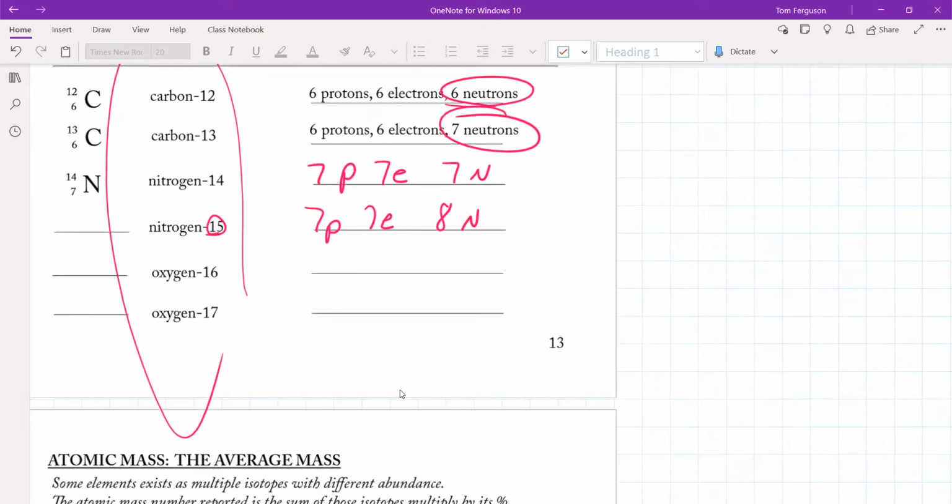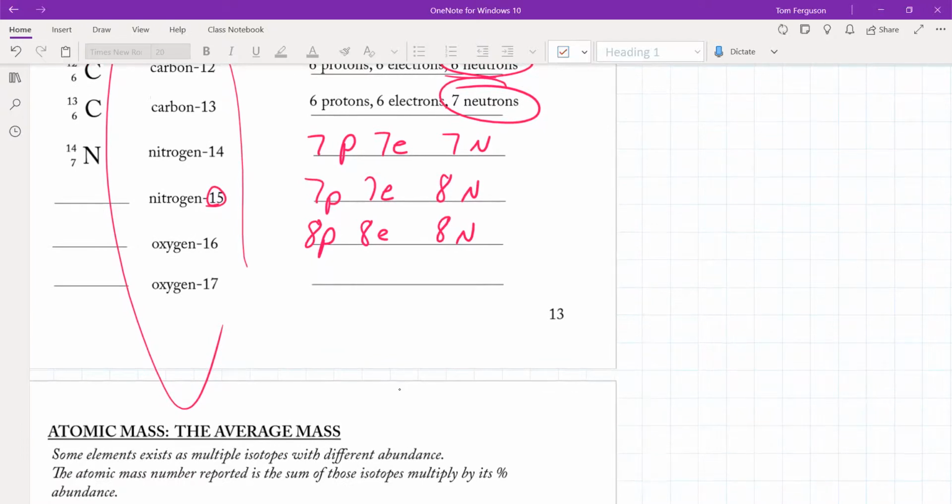Oxygen is the next one over from nitrogen. That means it has 8 protons, 8 electrons, 8 neutrons because 8 plus 8 is 16. Oxygen 17 would have electrons and protons the same, so we're going to have 1 extra neutron.